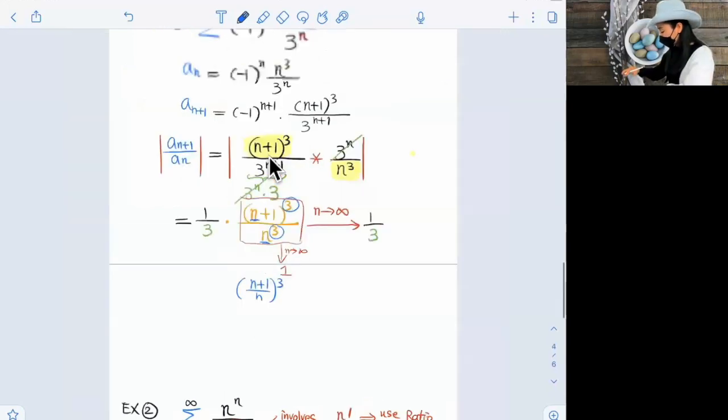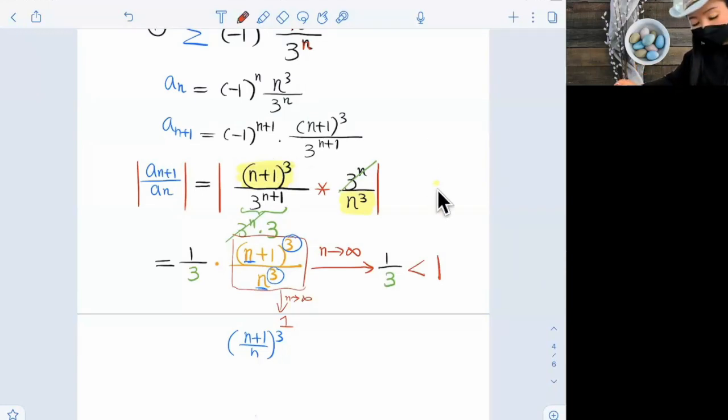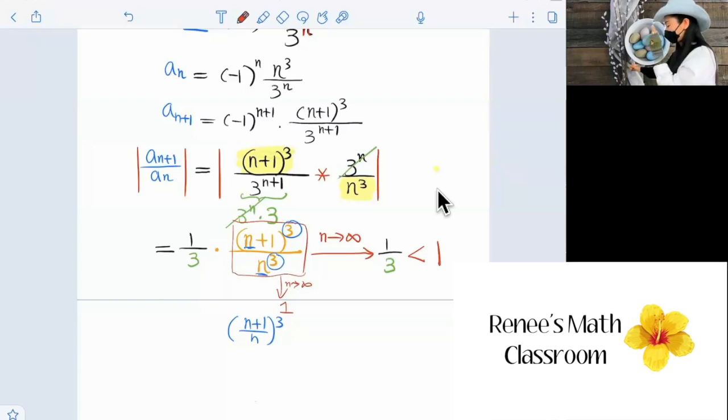Now, we found that the absolute value of this ratio goes to 1/3, which compared to 1 is less than 1. What can we say about that series? Converges? Yes.